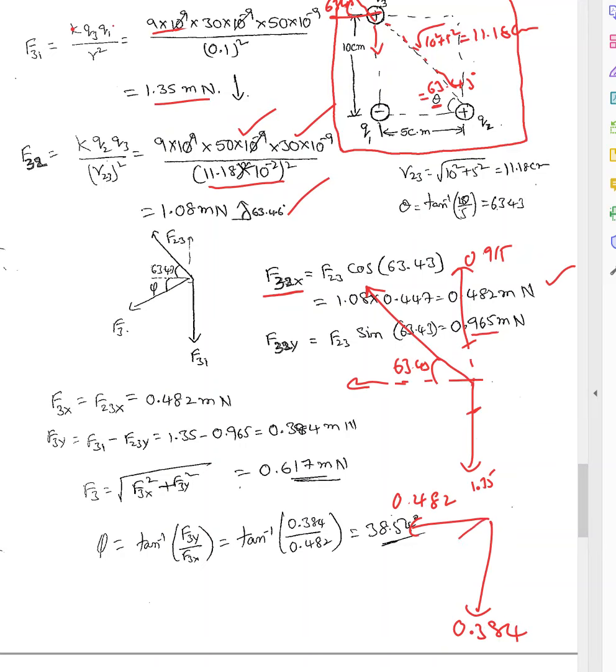So the result is going to be in this direction. That value is the square root of F3x squared plus F3y squared, which is 0.617 millinewtons, and phi equals tan inverse of the y component over the x component, which is 38.54 degrees. That is the force on 3 because of the other two charges. Okay, I'll stop this video here. We'll continue more examples in the next video. Thank you.